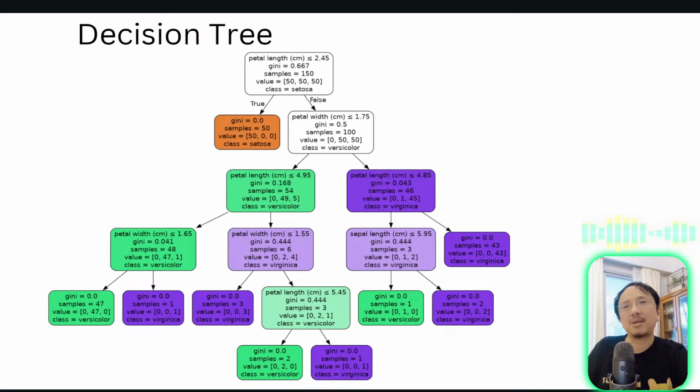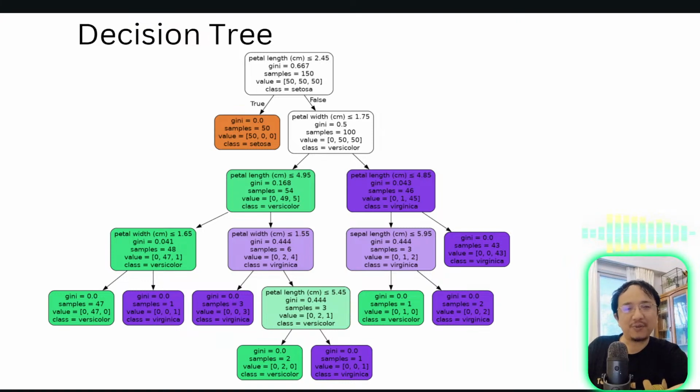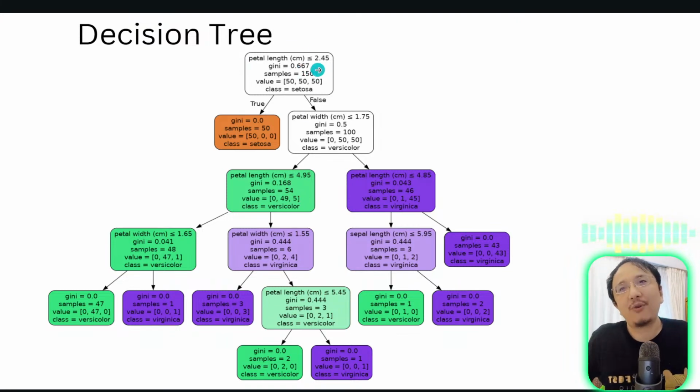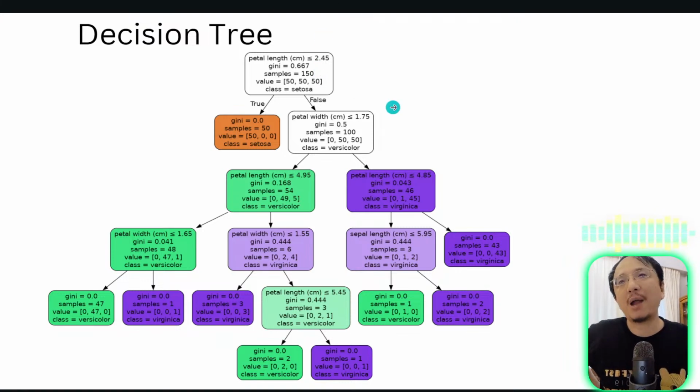This one is a decision tree. The idea of a decision tree is simple: we are building a flow chart, basically a decision flow chart. We start from the root. For example, if we are working with the iris data and deciding which class it is, then this is the training result.